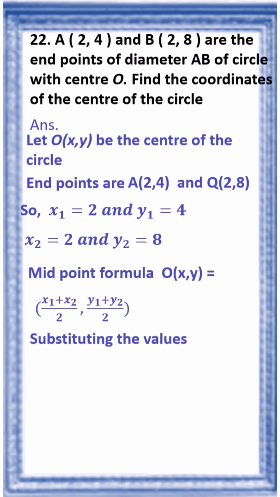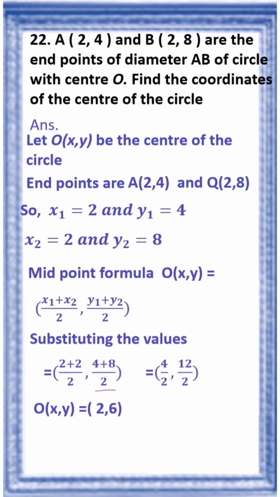Now let us substitute the values. X1 is 2, X2 is 2: 2 plus 2 by 2. Y1 is 4, Y2 is 8: 4 plus 8 by 2. So this is equal to 4 by 2, and this one is 12 by 2, which is equal to (2, 6). So the coordinates of the center of the circle O is (2, 6).